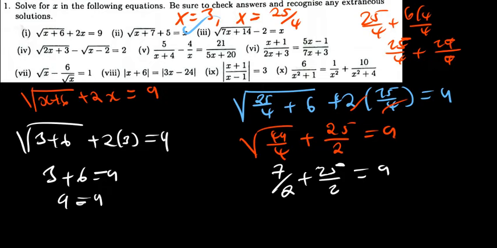Let's add this. So 7 plus 25, it should be 32. So I've got 32 divided by 2 is equal to 9. 32 divided by 2 is 16. So 16 cannot be equal to 9. Therefore, the extraneous solution here is this one.